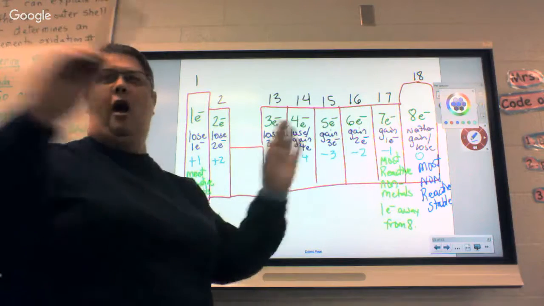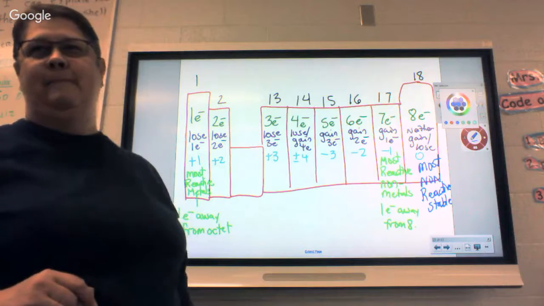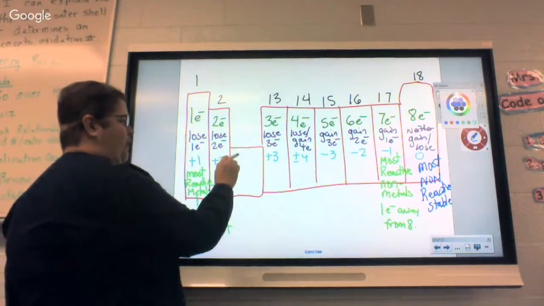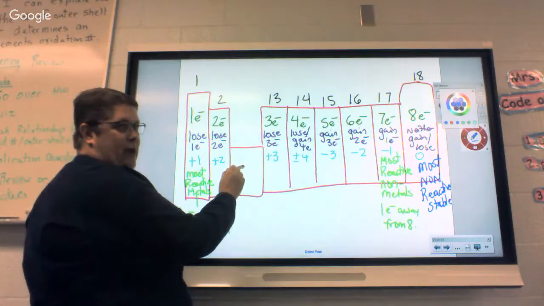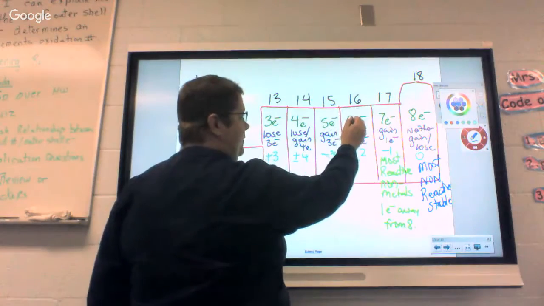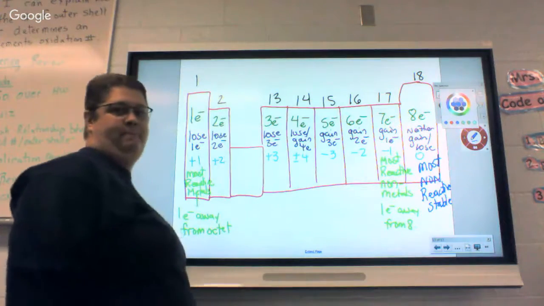Now, to throw y'all off, what other group will I also have listed as a foil answer? 6. Group 6 will be over here somewhere in the transition elements. So don't let me get you with that. Group 16 is the one that has 6 electrons, over here besides group 17.